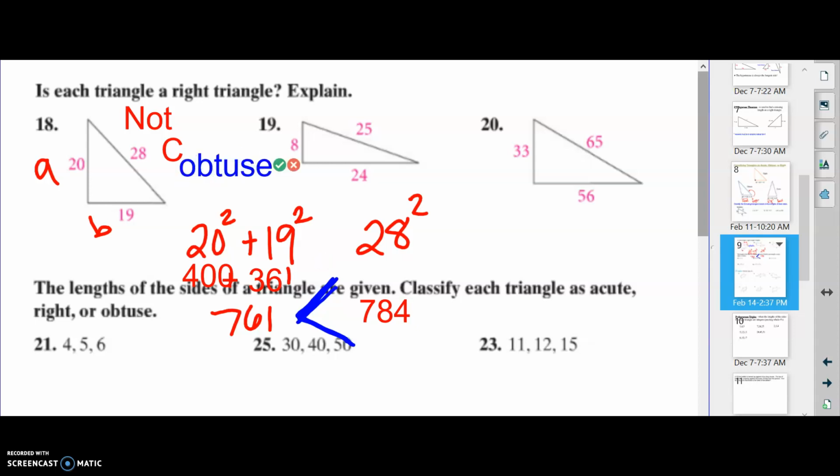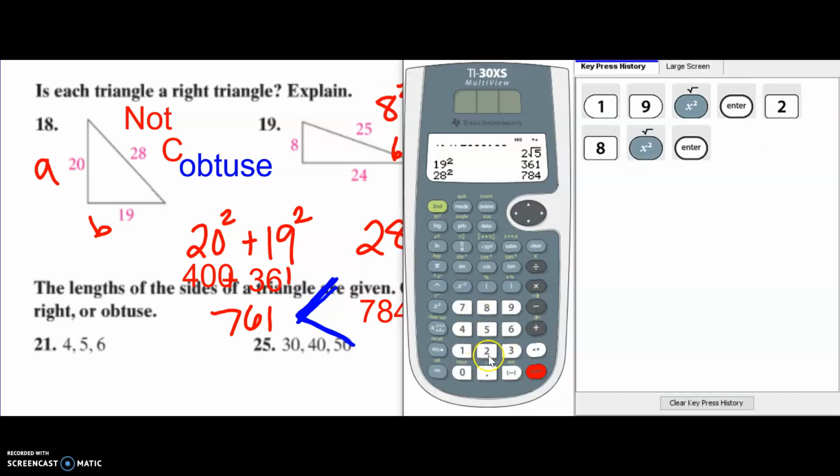So on the next one here, 8, 24, 25. So 8 squared plus 24 squared, and then 25 squared. I know 8 squared is 64. Just got to check out what 24 squared and 25 squared is.